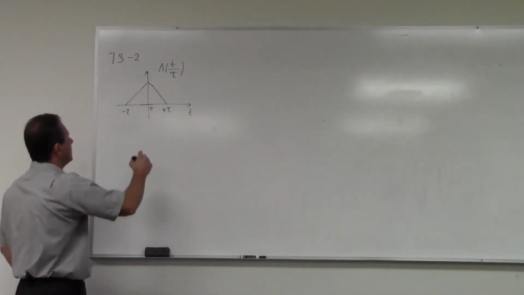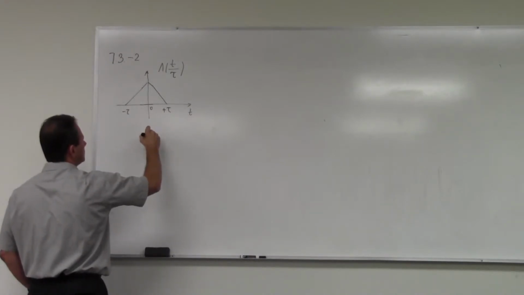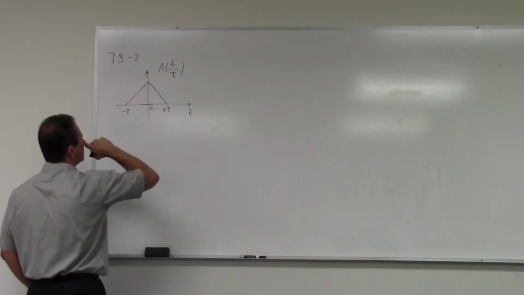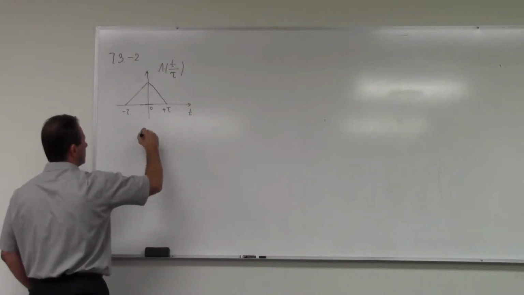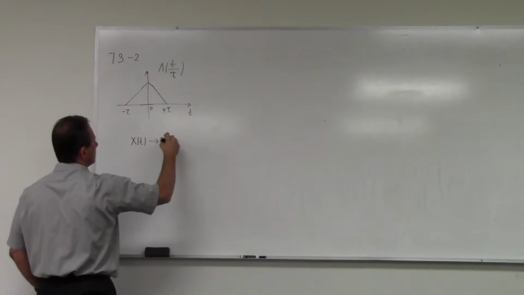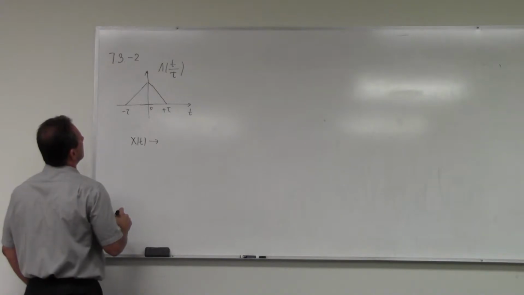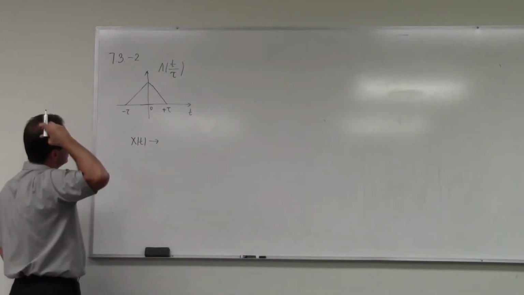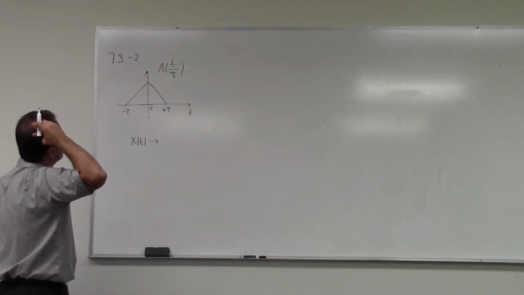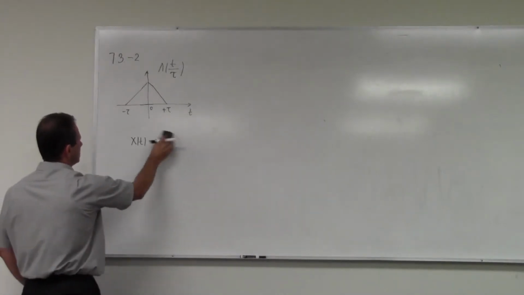The easiest way to find the Fourier transform of this one is to look at the property of the Fourier transform that says that if x of t has a derivative, let me just then do it.